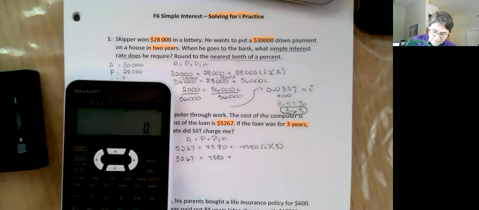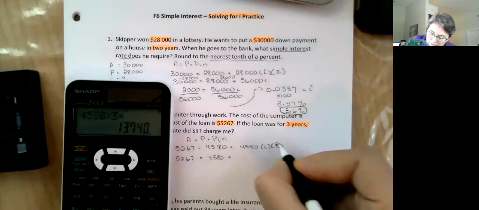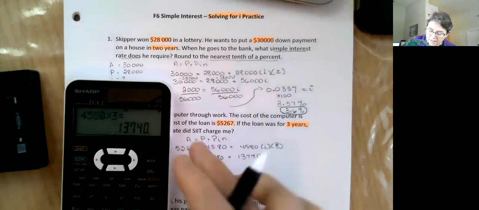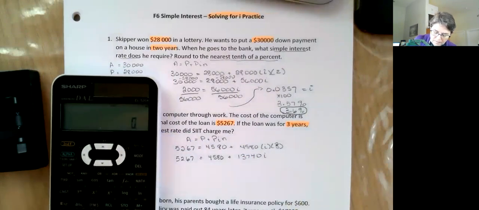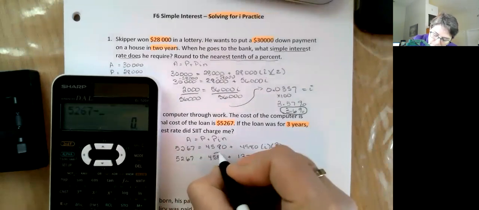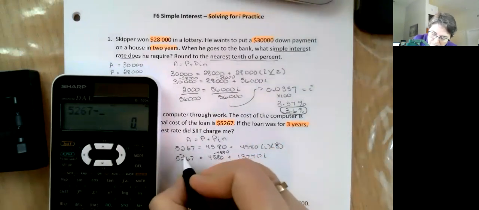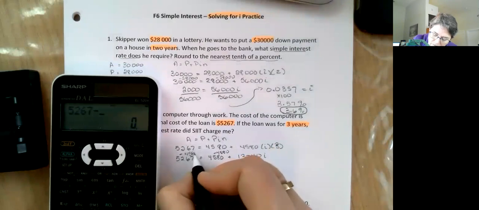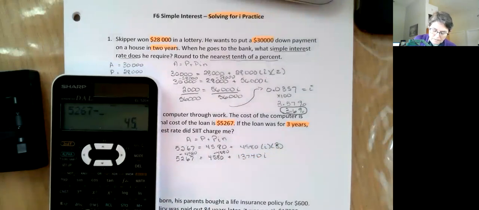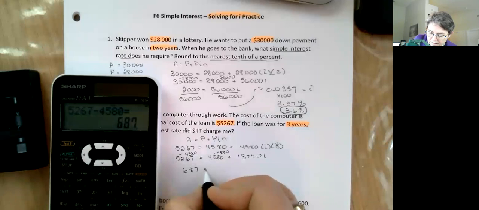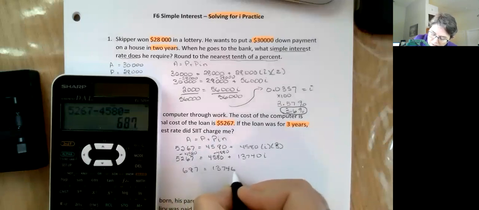All right, let's go 4580 times 3. That looks weird. Make that better. Plus 13,740 times I. 5267 minus 580. 687. 13,740.